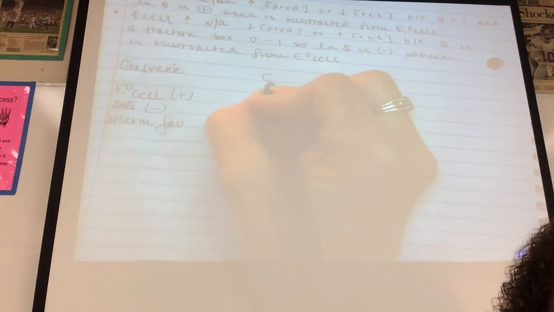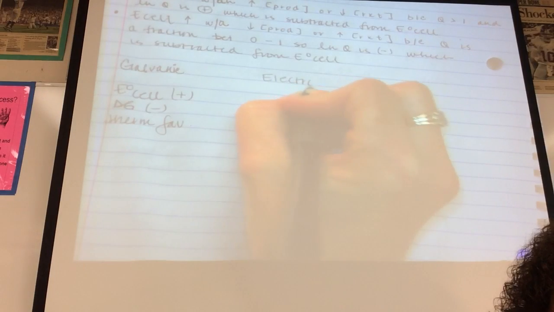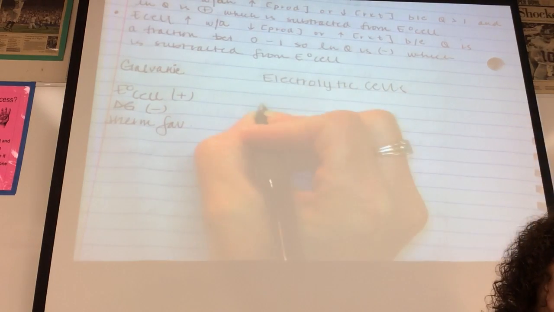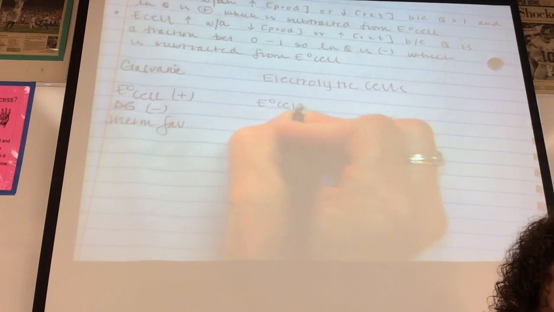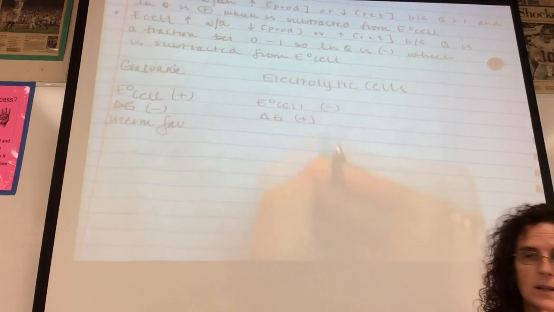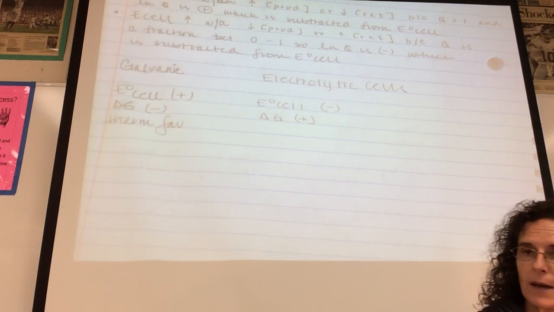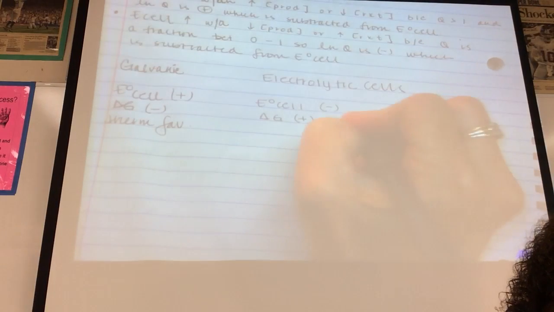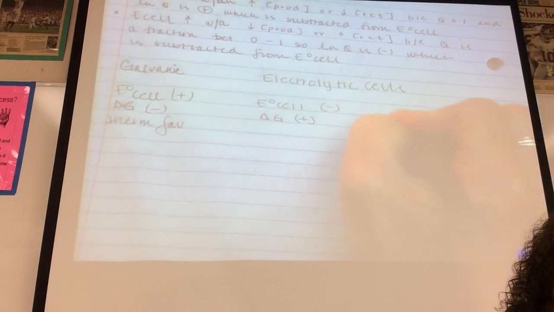With electrolytic cells, your E cell is going to be negative. Your delta G is positive. So these are not thermodynamically favorable cells. And these will require some type of power supply.